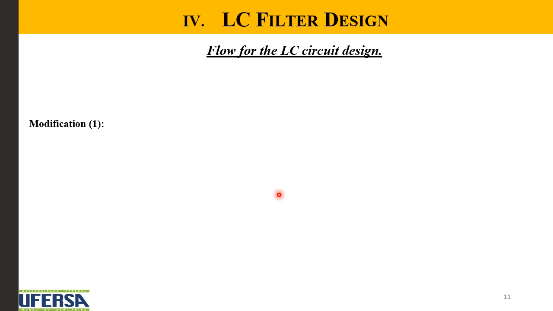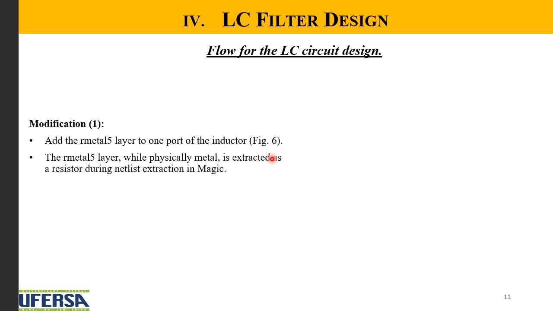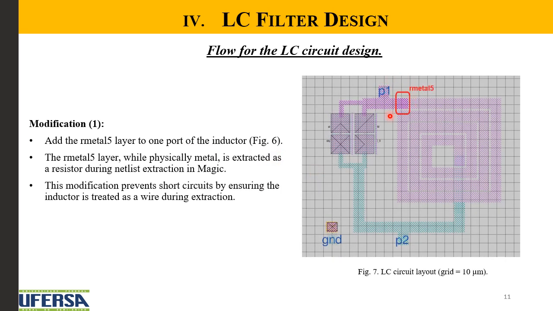But to insert the inductor inside this flow, some modifications were done. The first modification is adding the rmetal5 layer to one port of the inductor, as you can see in this figure. This rmetal5 at the physical level is just a simple metal, just like metal 5. But when Magic extracts the netlist, this rmetal5 is extracted as a resistor.